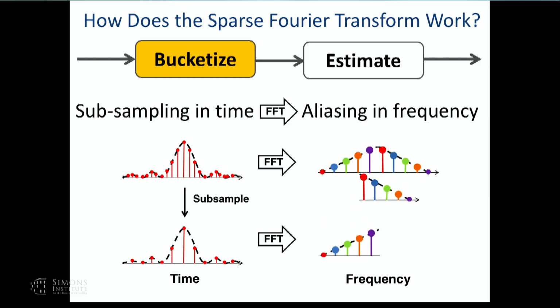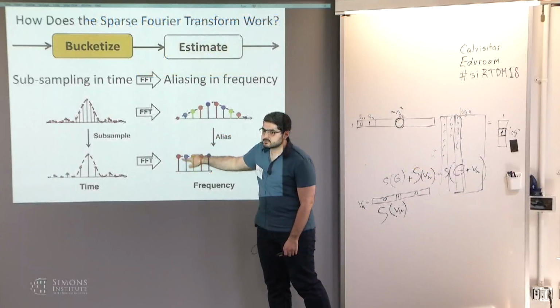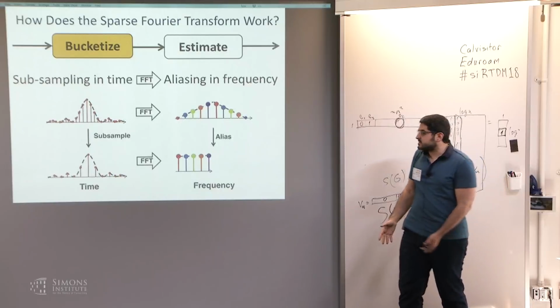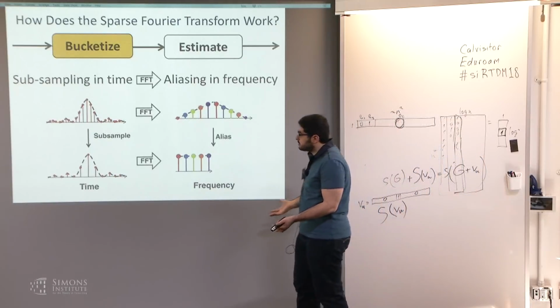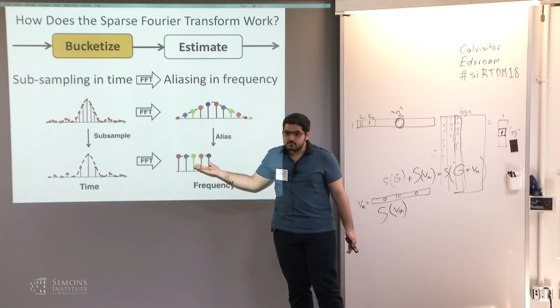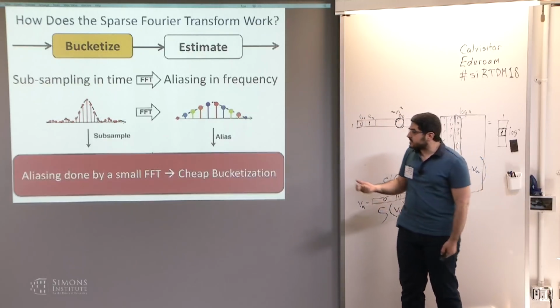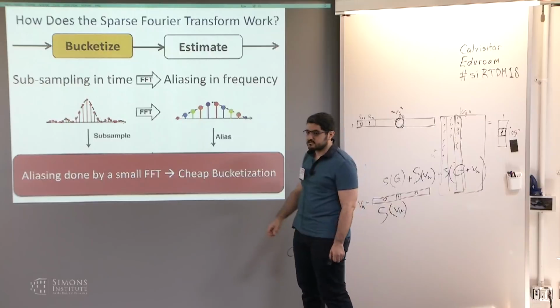So basically, every 2 frequencies are going to sum up together. And really, this is a form of bucketization, where every 2 frequencies sum up in one bucket. And it turns out this is a very easy and cheap way to bucketize. All you have to do is subsample using a low-speed ADC, and then take a much smaller FFT.